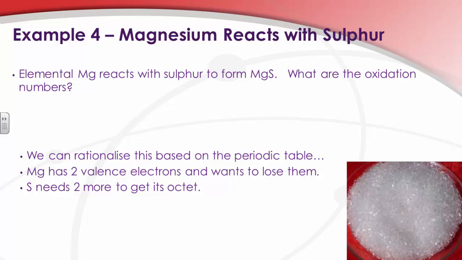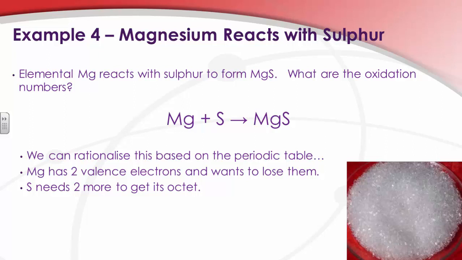One more example, we'll belabor the point a little bit. Elemental magnesium reacting with sulfur to form magnesium sulfide. What are the oxidation numbers? Well, in this case, if we examine the periodic table, we can see that magnesium metal is liable to form a +2 ion.